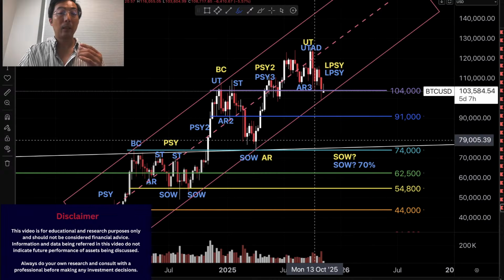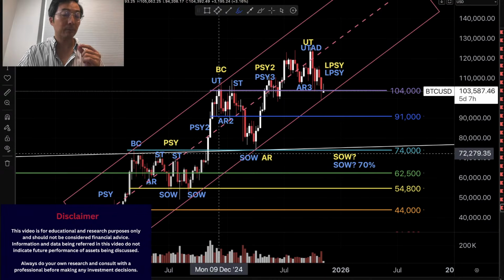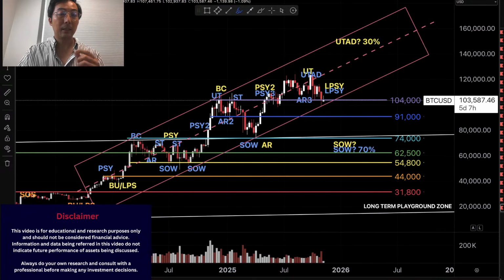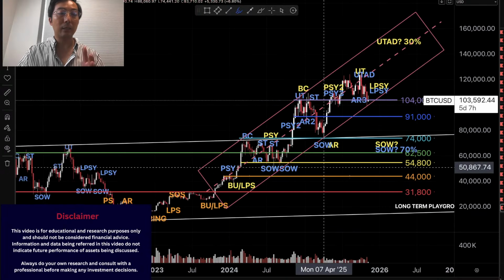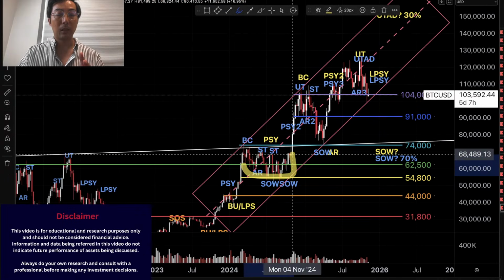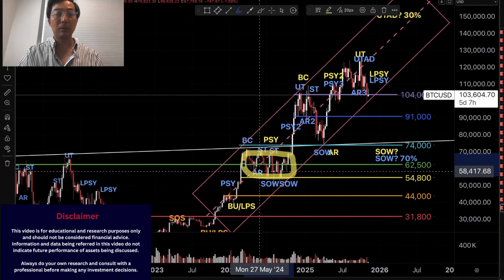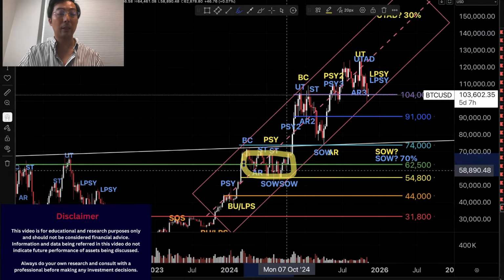Okay, and the yellow scenario, I mentioned I'll cover this, is 1 stage later than the blue. The main reason is what happened during March to November 2024, that particular period of horizontal trading.